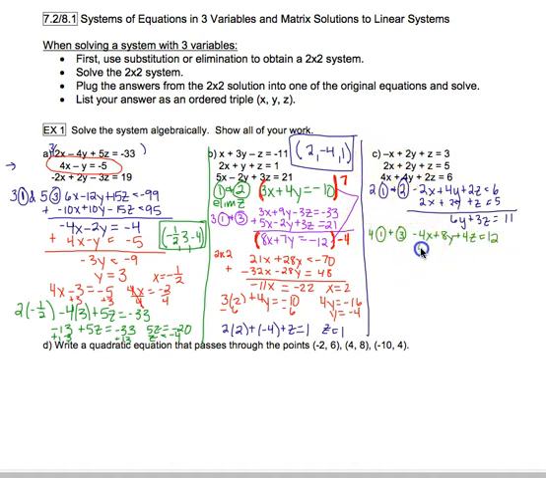Equation 3 is staying as is, so 4x plus 4y plus 2z equals 6. So add those together, x's eliminate, my y's, I get 12y, and then I get plus 6z equals 6.